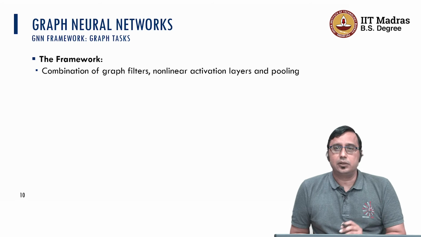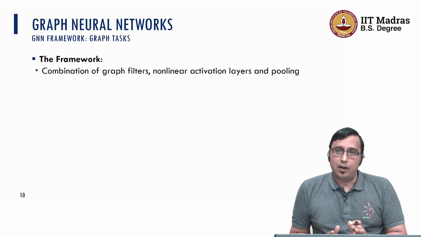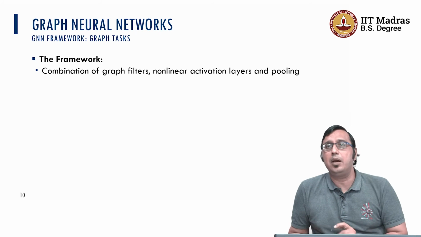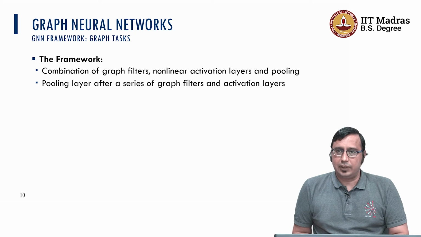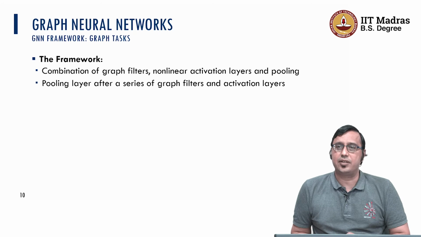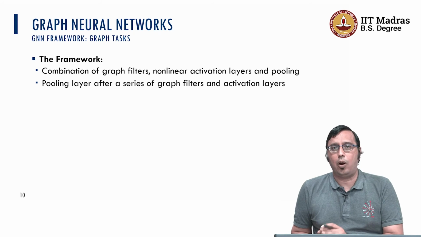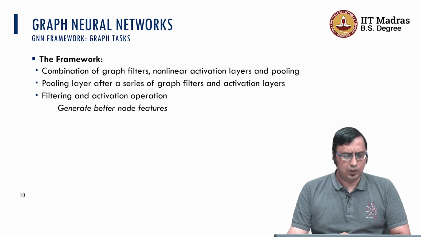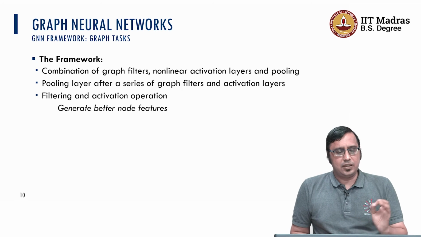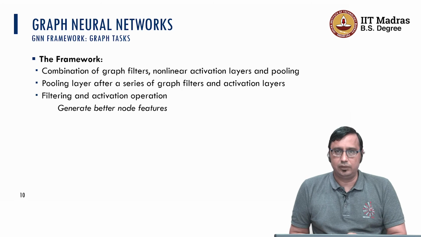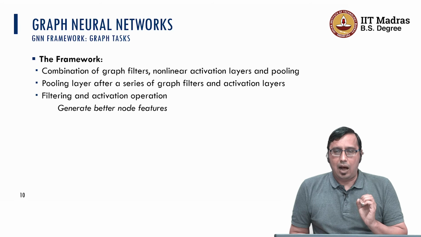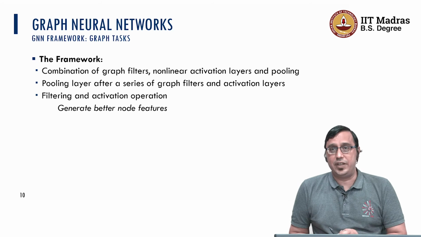So here, the combination of graph filters and nonlinear activation layers will be there, but in addition to that, there will be a pooling layer. The objective of the pooling layer is to pool after a series of graph filtrations and activation layer operations. The filtering and activation operations are applied to generate better node features.